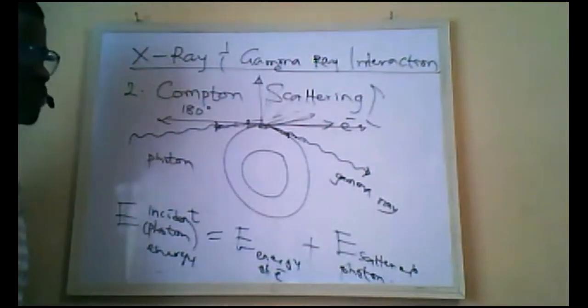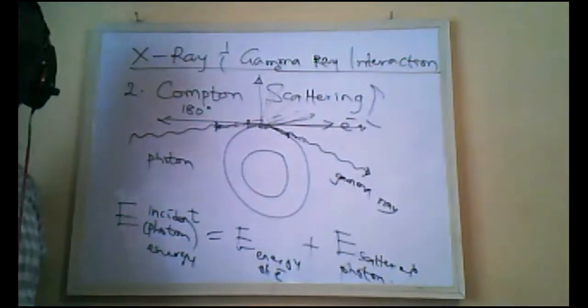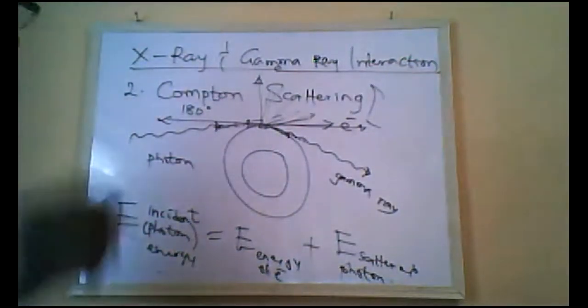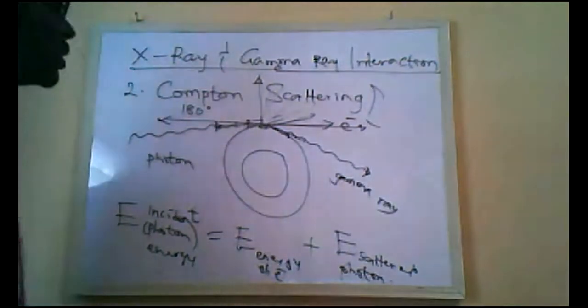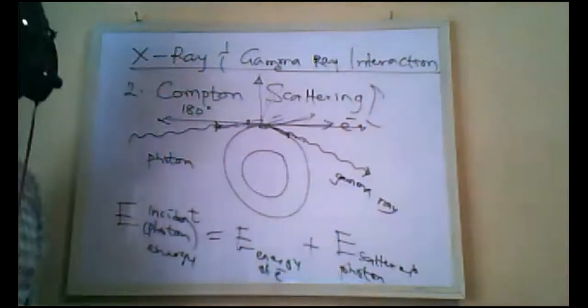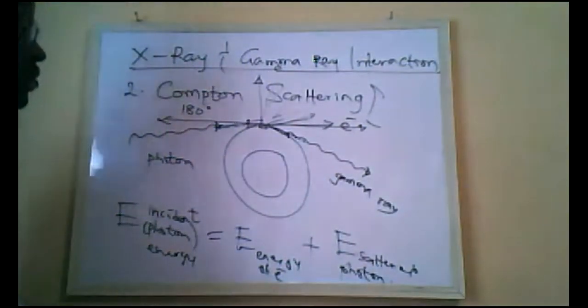So we don't want to stay close to the patient. The more radiation we are using to form the image, the more scattered electrons and scattered photons are reaching the radiologist and the other people.